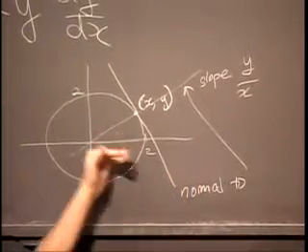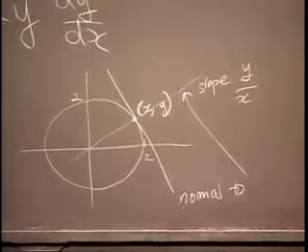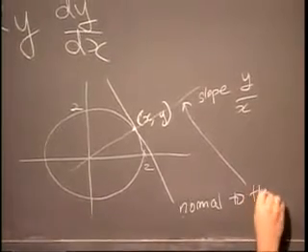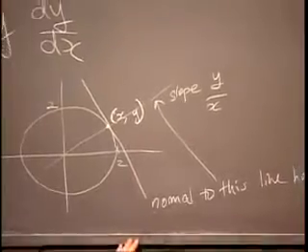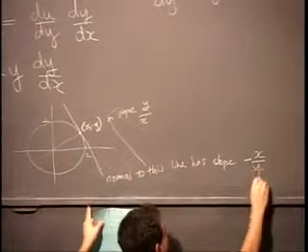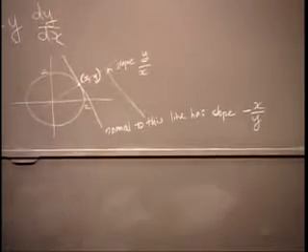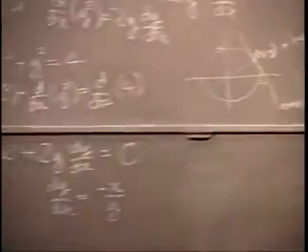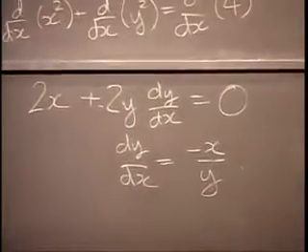Because the tangent is perpendicular to the radius. That's simple geometry. And we know the normal to this line has slope which is the negative reciprocal of the original one, minus x over y. So actually, we already knew the answer that we got, namely, the slope is minus x over y.